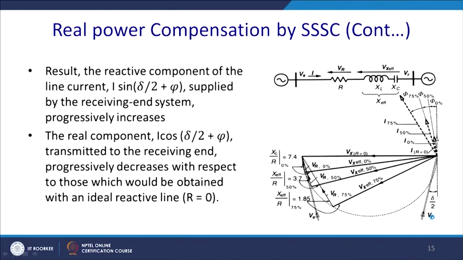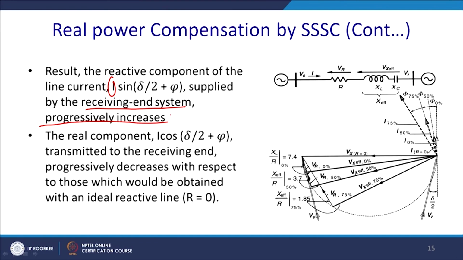Now, the result of this reactive compensation of the line current, I sin(delta/2 + phi), supplied by the receiving end system progressively increases. That is one of the disadvantages.